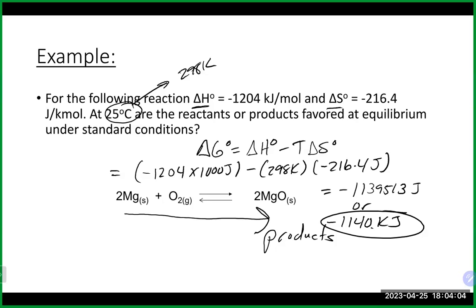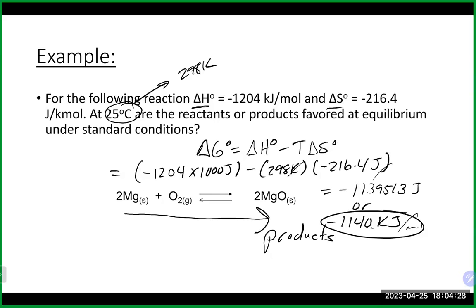Does it matter? I'm sorry. No, it doesn't. Technically speaking, the moles are still here. Sometimes people will leave it off, most of the time. The Kelvin kind of gets canceled out there. That's technically there as well. So I'm okay if you leave it in kilojoules.